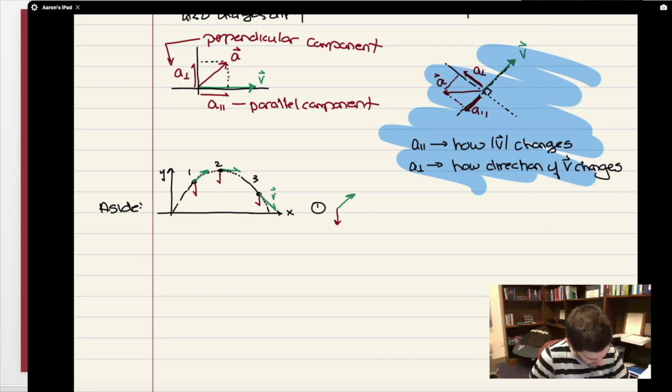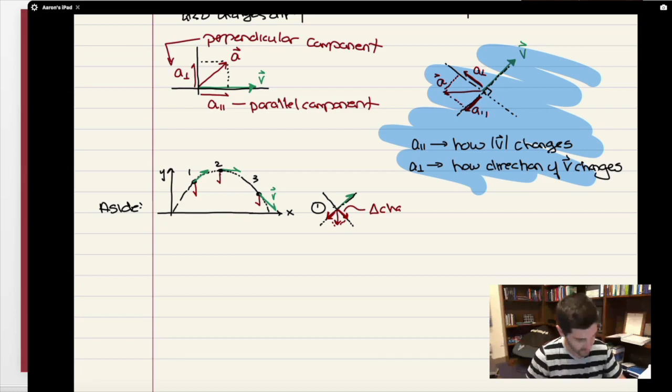So if I were to draw axes along the velocity vector, there is indeed a part of the acceleration due to gravity that points perpendicular, and a part of the acceleration due to gravity that points, in this case, anti-parallel. So this, I would say, means you're changing direction.